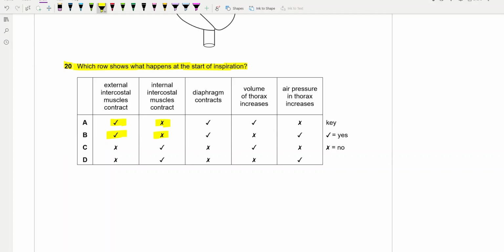The diaphragm contracts, which is correct, so option A and B again. Volume of thorax increases, which is correct, so option A and C. Air pressure in thorax increases, which is wrong, so option A and C. The correct option would be option A.